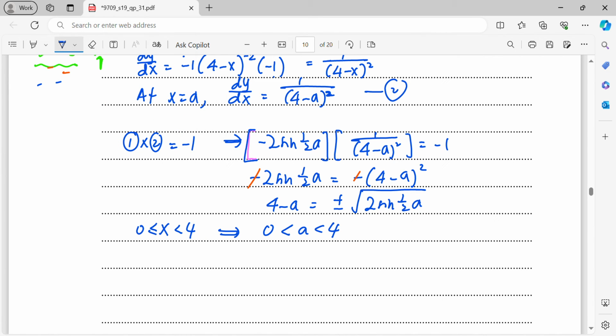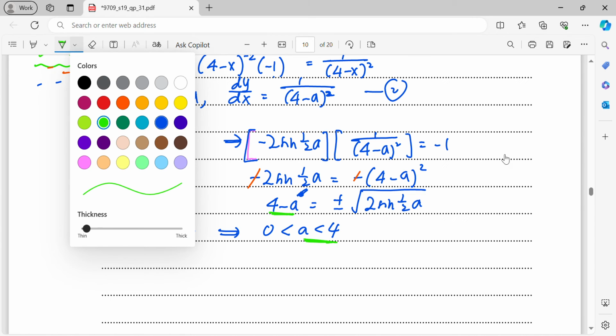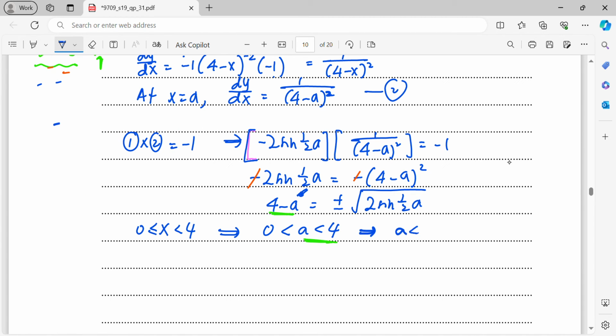Then from here, obviously the a will not be negative. So since your a is less than 4, 4 minus a will be greater than 0, right? So you can just write a is less than 4, therefore 4 minus a will be greater than 0. So since it's greater than 0, I will say that 4 minus a is the positive square root because it is a positive value.